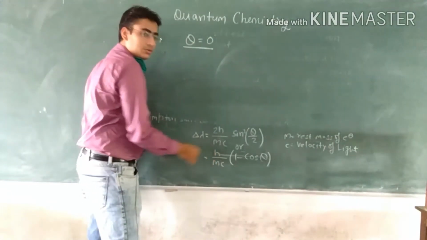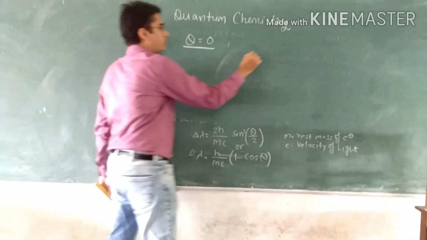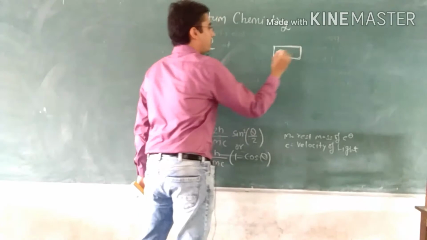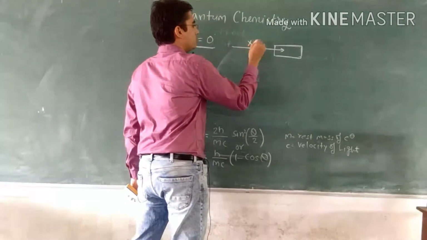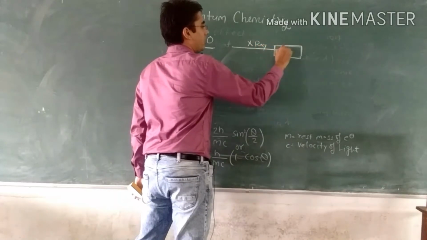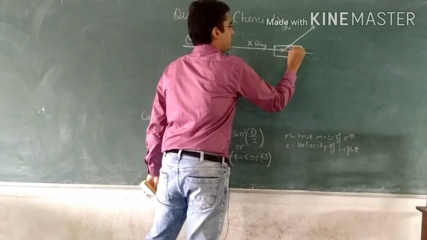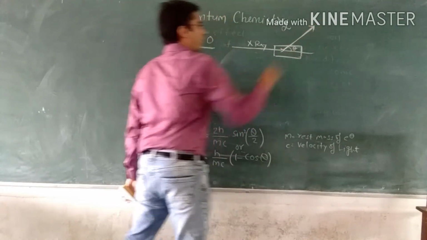In this equation, this is the Compton shift, and suppose it is carbon or a lighter element, X-ray is falling on it and then scattering of the X-ray takes place. This is theta. This is the scattered X-ray.